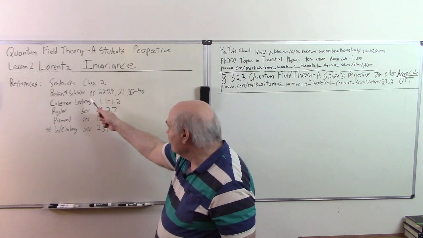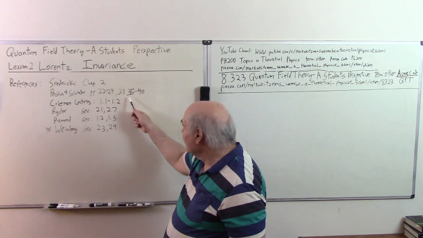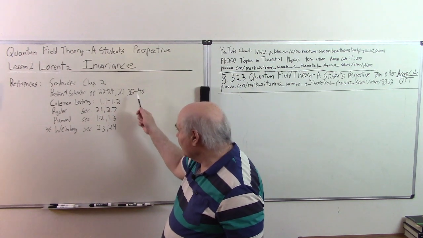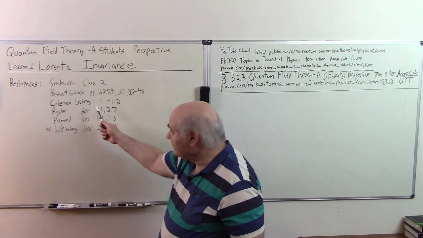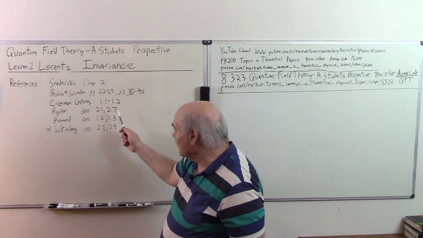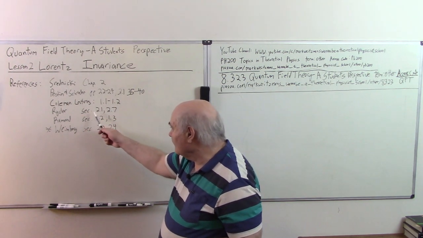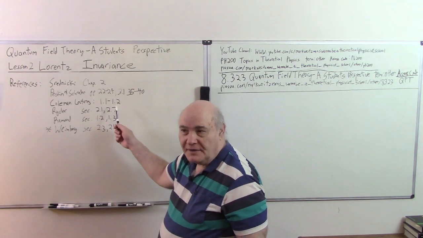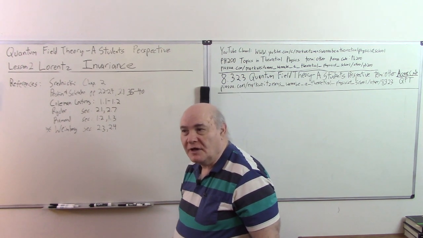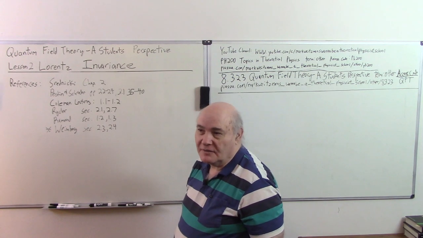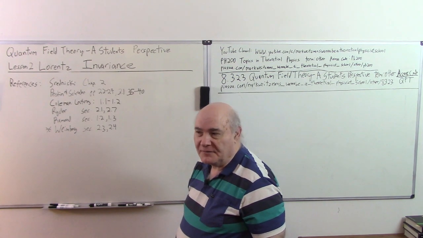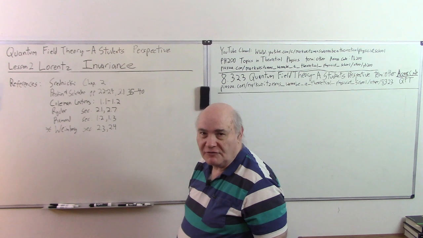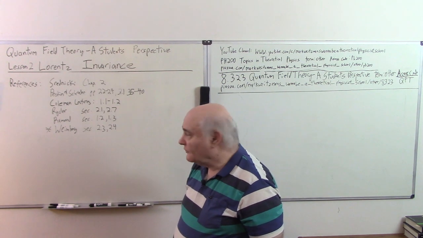Srednicki is chapter 2. Peskin and Schroeder have these pages in these sections. Coleman has a little bit in his early lectures. Ryder has a little bit, and then he has a very good discussion, which I'll mention but we won't cover today, of how you get what Wigner developed, which is called the little group approach to the representations.